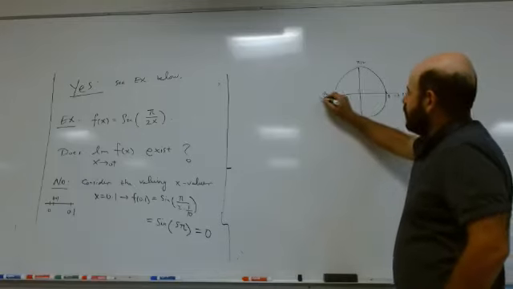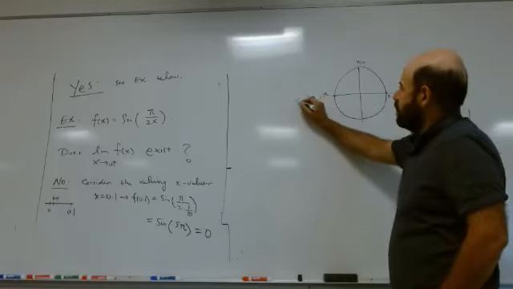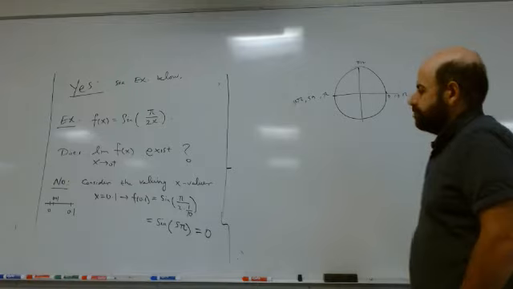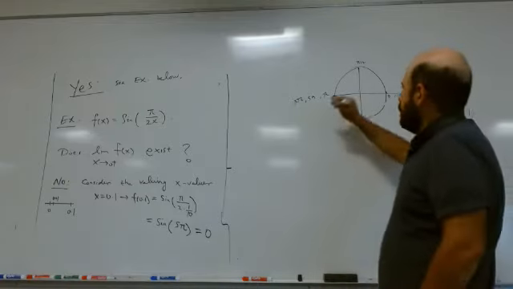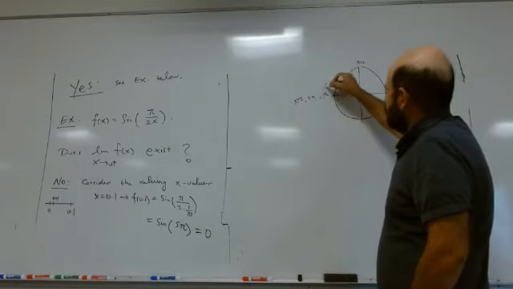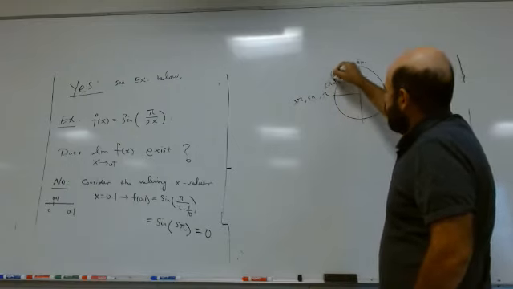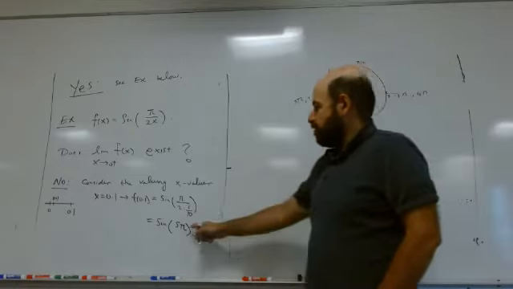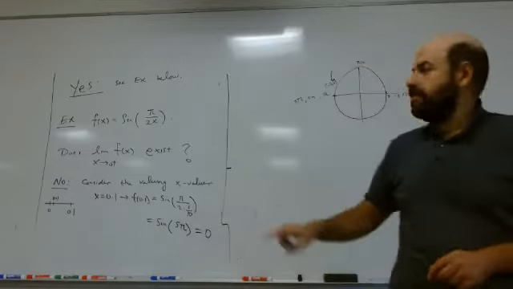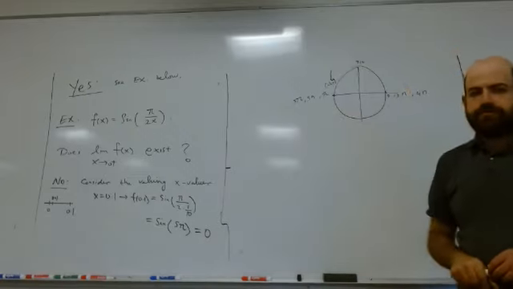So pi, 3 pi, 5 pi, these are all here. So 5 pi is here. And what is this point? This point is -1 and 0. And we said that the y coordinate shows the sine. So sine 5 pi is 0 because the y coordinate at this point is 0.